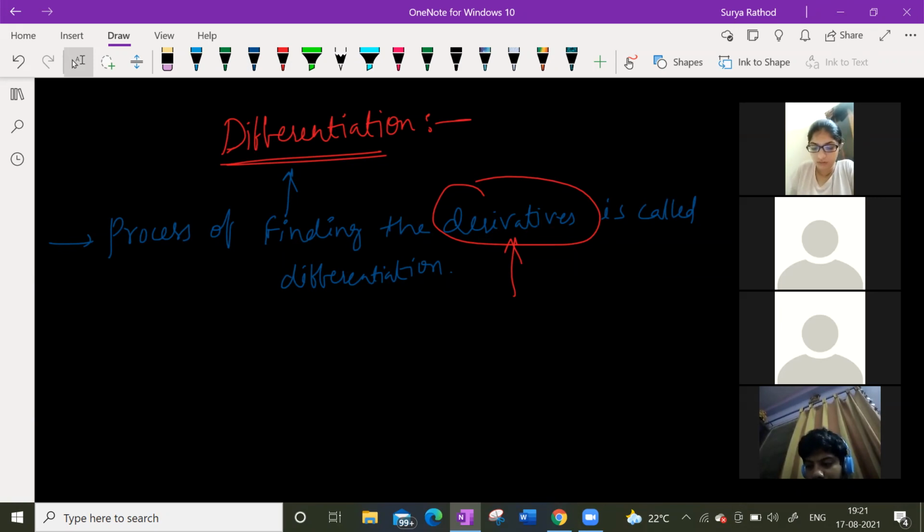Process of finding the derivative. What do you mean by derivative? Yes, Arvind, Amrud, tell me what do you mean by derivative? Sir, dx by dy.